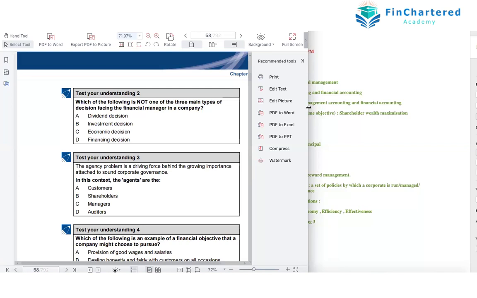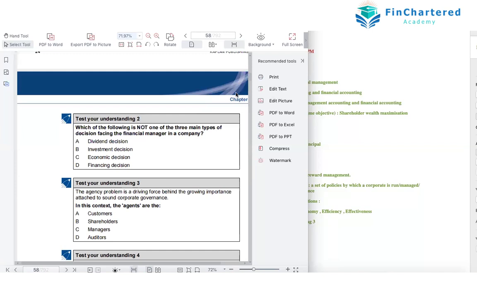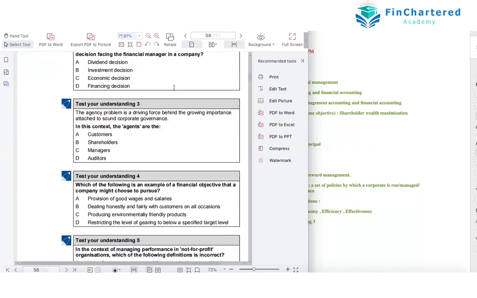Then talking about test your understanding 2, I said as the financial manager, you have to look at investments, you have to look at raising funds, basically financing, and you have to look at dividends. So which of the following is not one of the 3 main types of decisions? Economic. So, I mean, this is very simple.